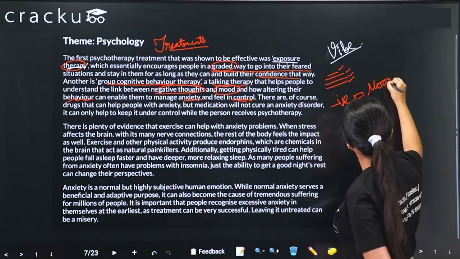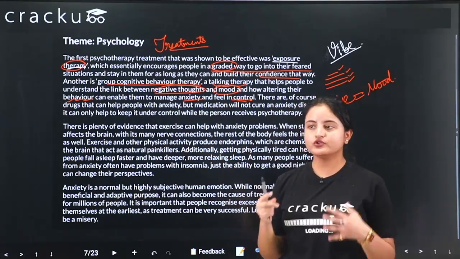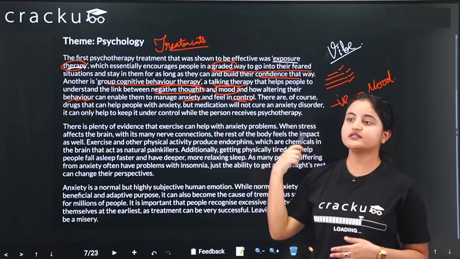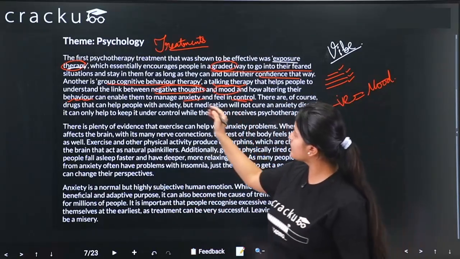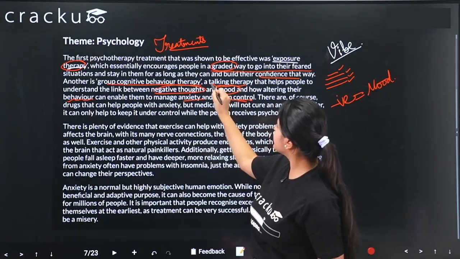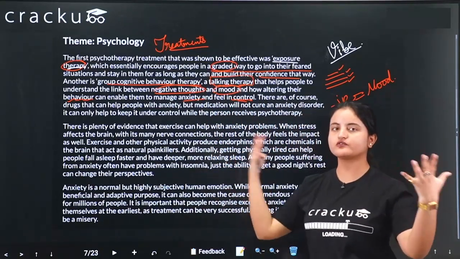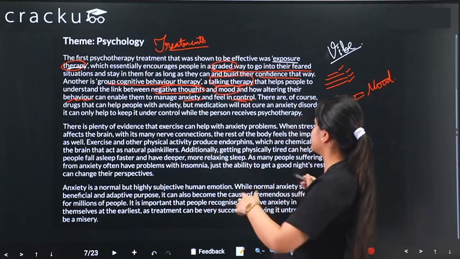These two things are linked together, and you have to understand the link, and if you can change your behavior, then you will be able to manage your anxiety better. So it is more like a talk therapy, a talking therapy. One was exposure, another is sort of a talking therapy, where you are making people understand something.